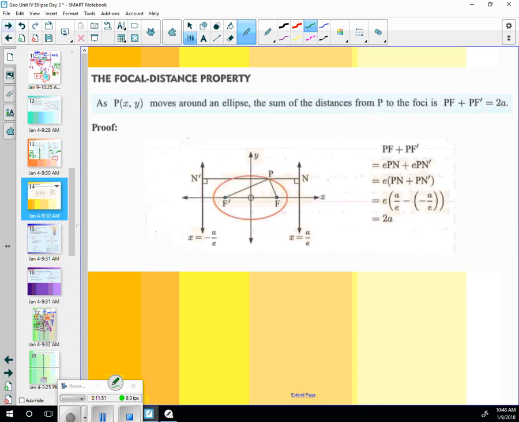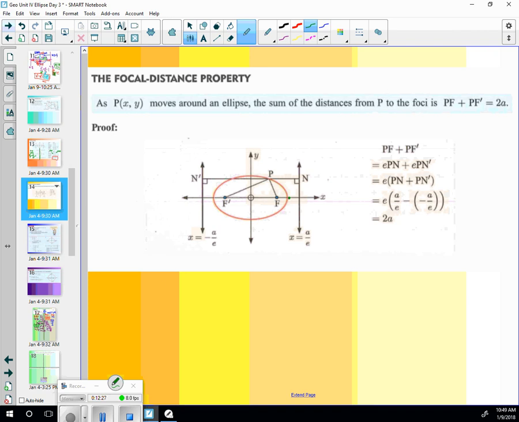And then this focal distance property, so cool, it leads to this number 5 that I was telling you about. If you were to take a line from focal point F prime to a point on the ellipse to the other focal point, the sum of the distances of those should be equal to the distance between the vertices, which is another length 2a, and I'm just going to show those real quick.